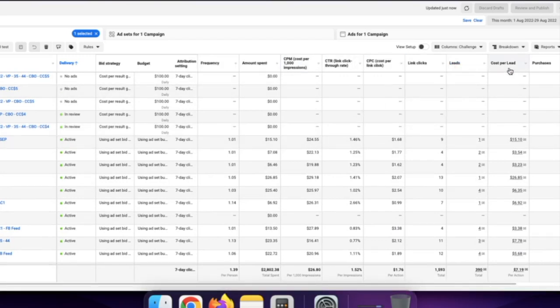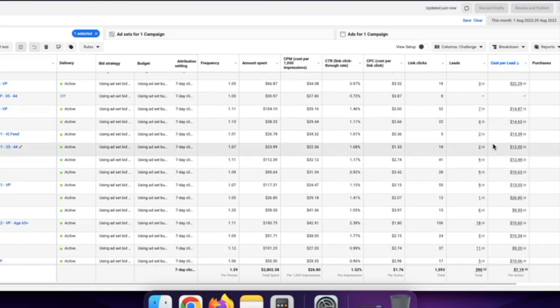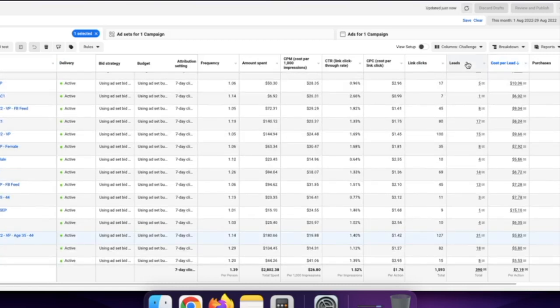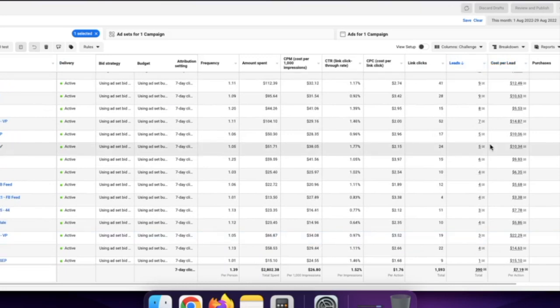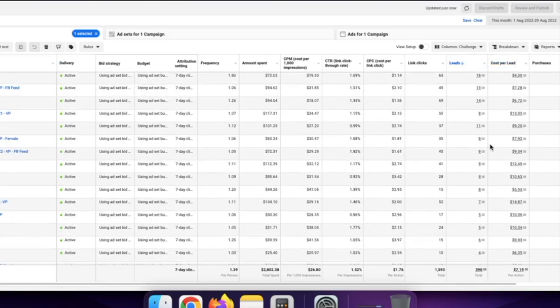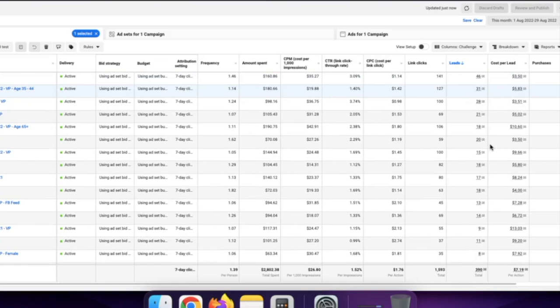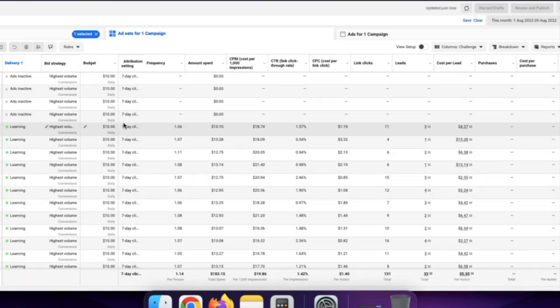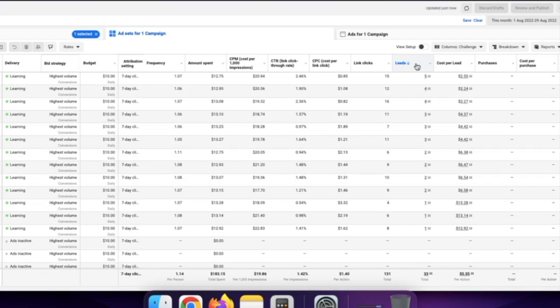If we go to cost per lead, that cost cap I showed you at $4 is a cost cap of the campaign I literally just showed you before. So if we go in here and we sort by lead, I put these three into that cost cap campaign and I put it at $4.